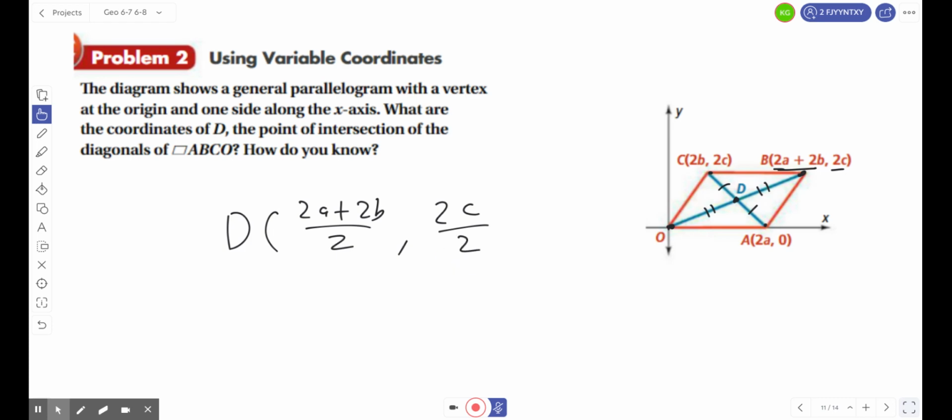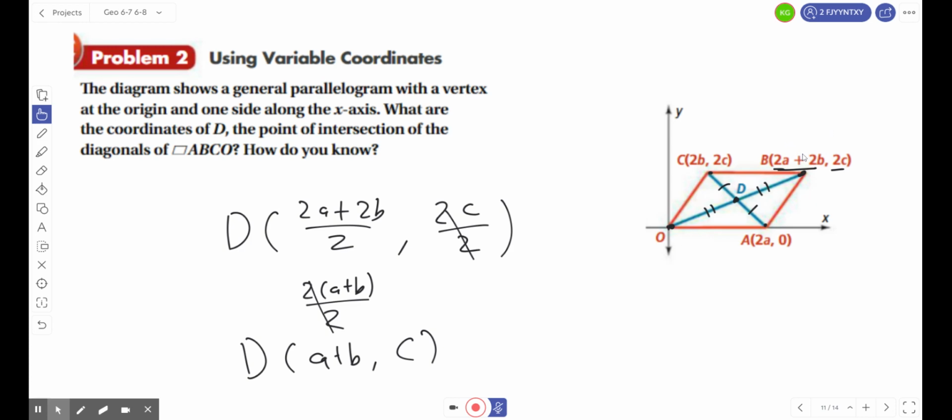So if you do 2a plus 2b divided by 2, it might make sense to undistribute that 2, or to remove a factor of 2. So think of that as 2 times a plus b divided by 2, and you can see that those 2's will cancel out, and these 2's will cancel out. So your final coordinates there for D will be a plus b for the x coordinate and c for the y coordinate.